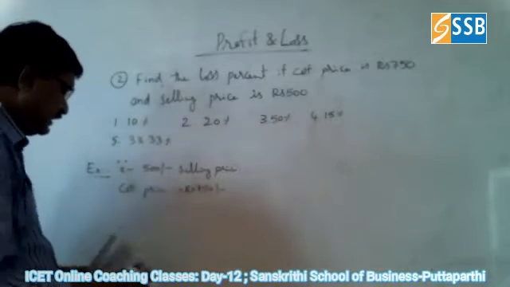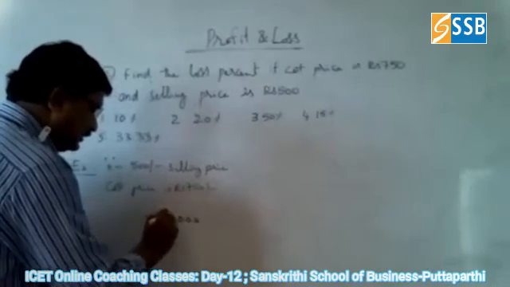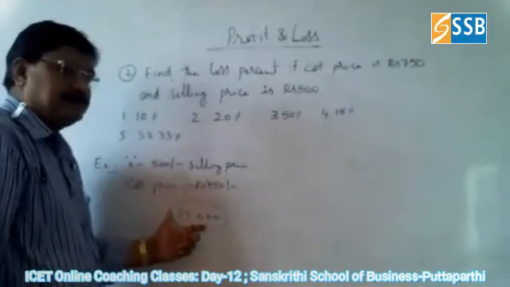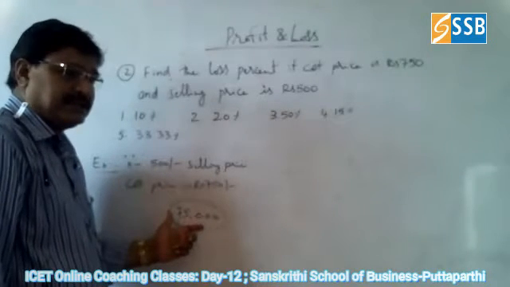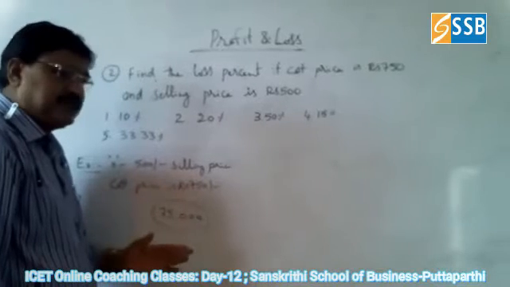I invested nearly 75,000, for example in Mitsubishi or any Japanese product, Daikin. I invested 75,000, but the season suddenly changed.